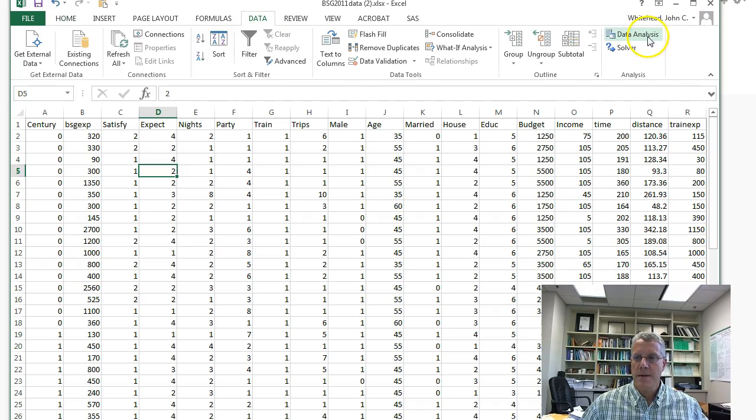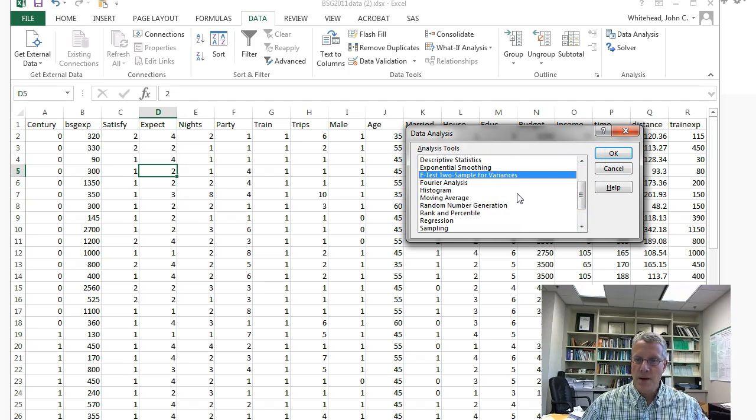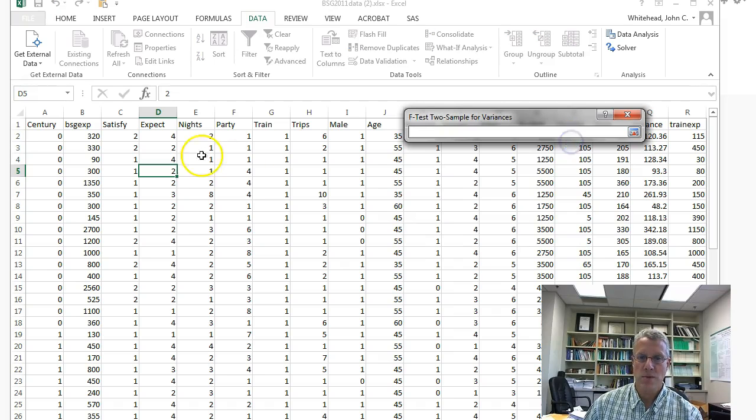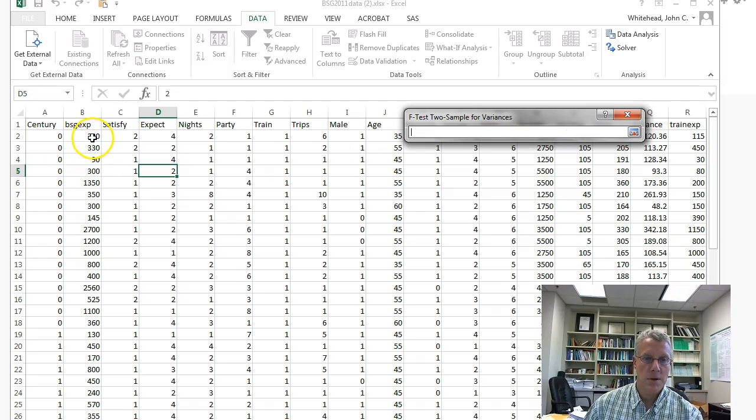So Data Analysis, and the F-test for differences in variances across two samples is the window that you want to open up. So for the variable 1 range, we're going to pick the exact same values.